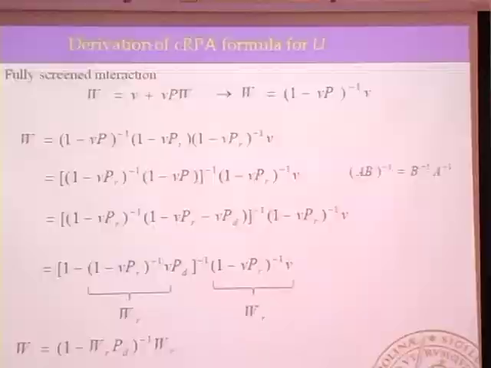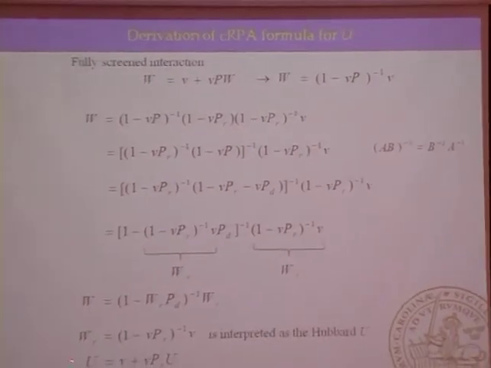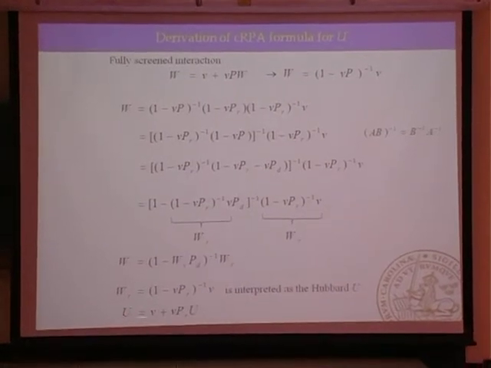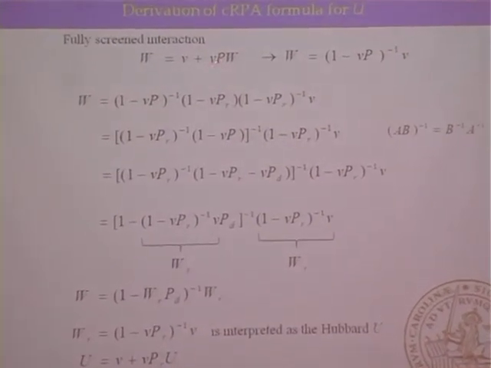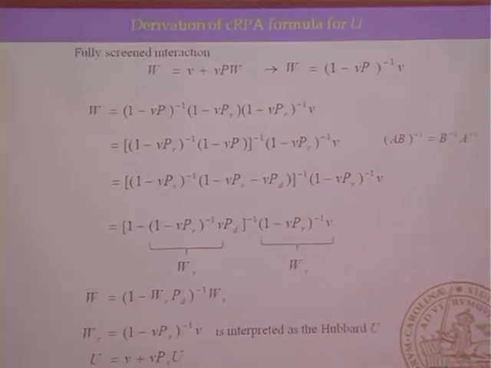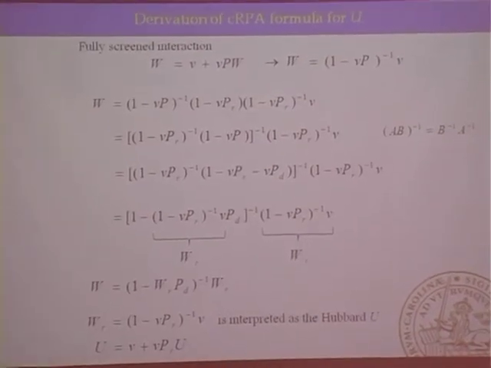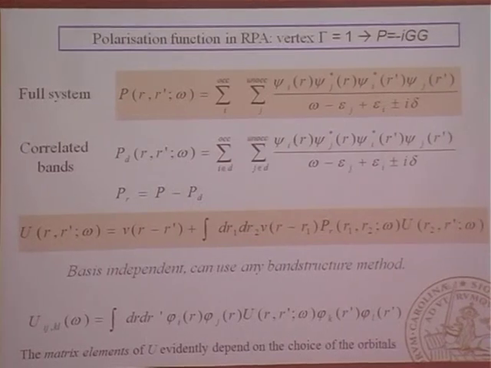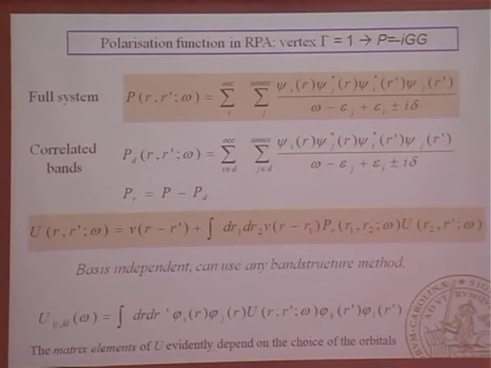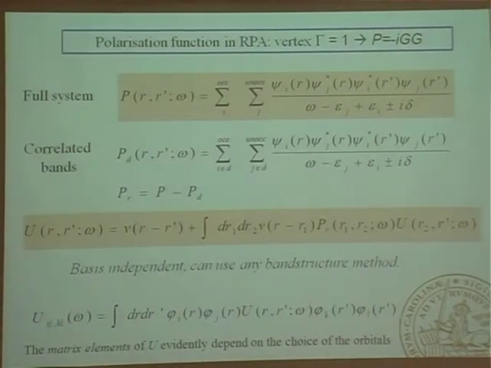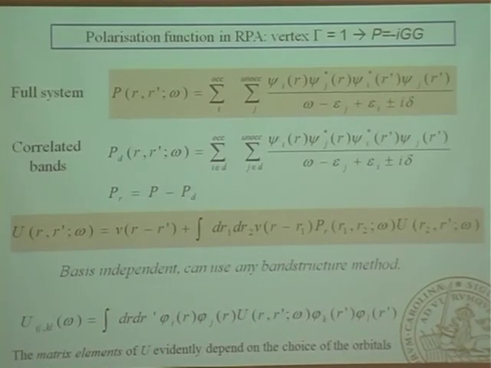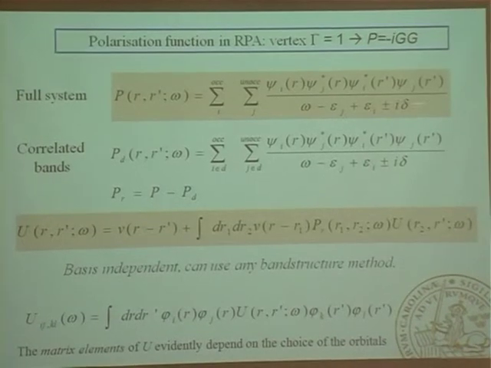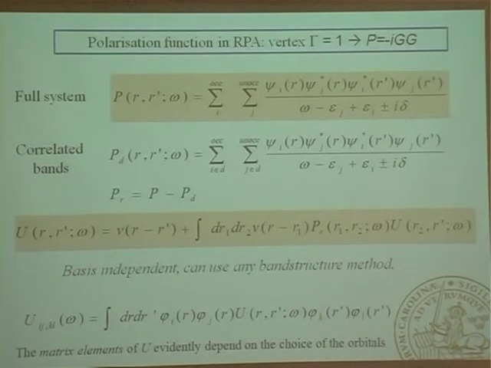So I'm just rewriting this. This is an equation for the U. I call WR now U. You get the same equation as this one, but with a PR instead of P. So in practice, for the full system, you have this expression here. I'm a little bit lazy here, I'll just make a shorthand notation.